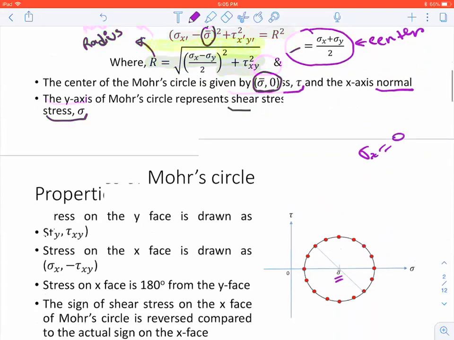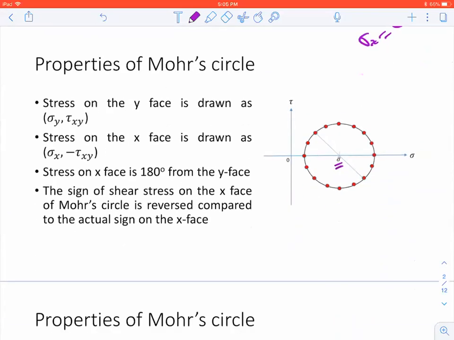Okay, and so there are some key important details that we have to remember for Mohr circle. We will learn how to draw a Mohr circle, or how to identify X face, Y face from a Mohr circle for different angles. Okay, so let's look at this. Stress on the Y face on a Mohr circle is drawn as sigma y, tau xy.